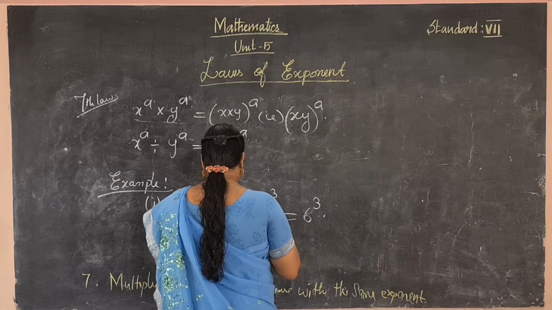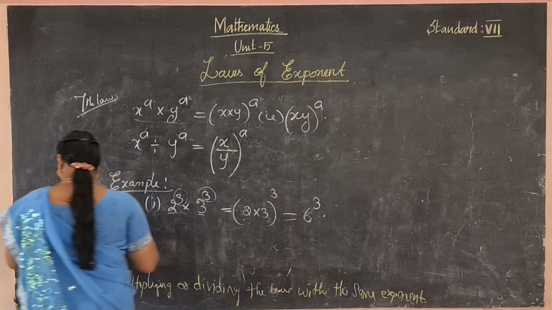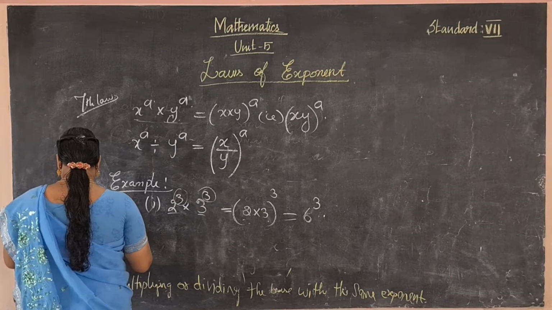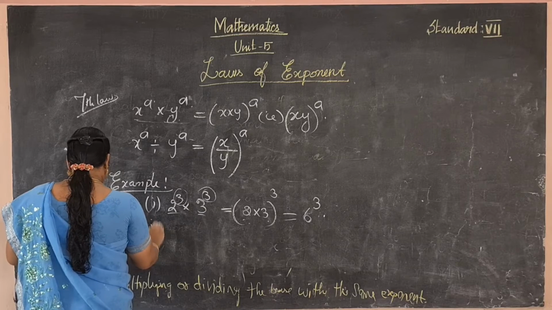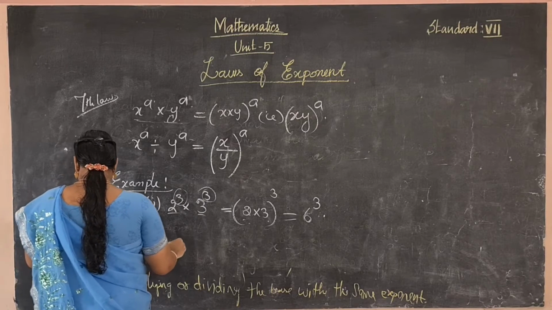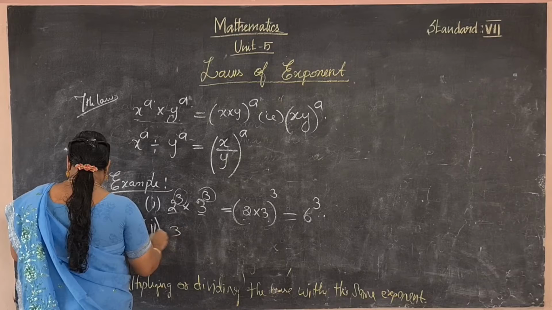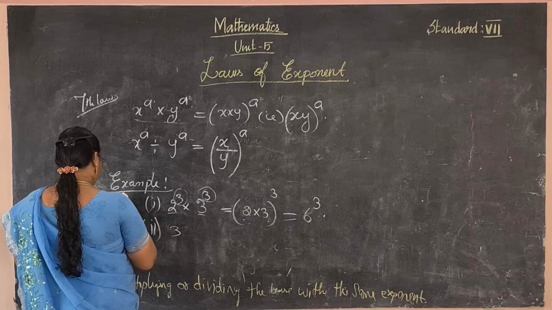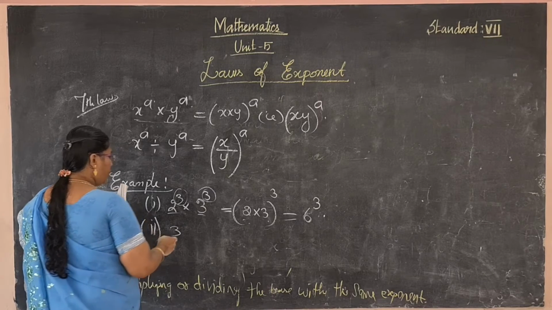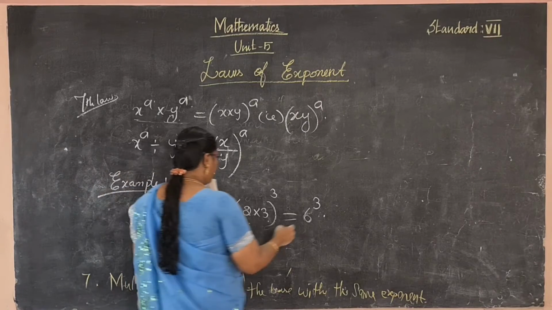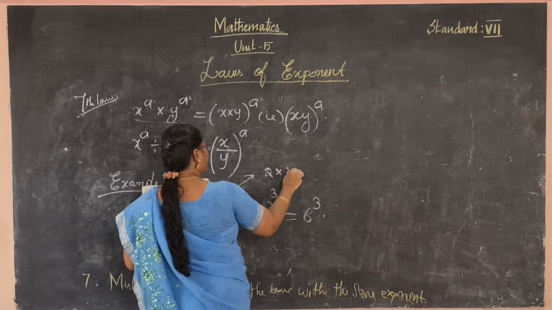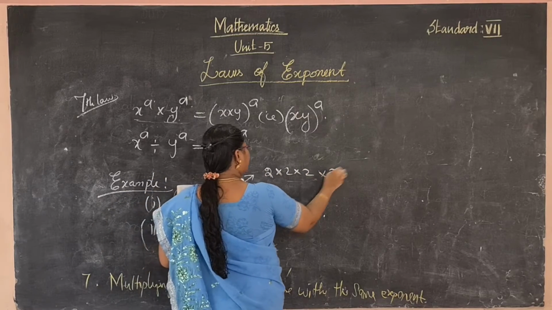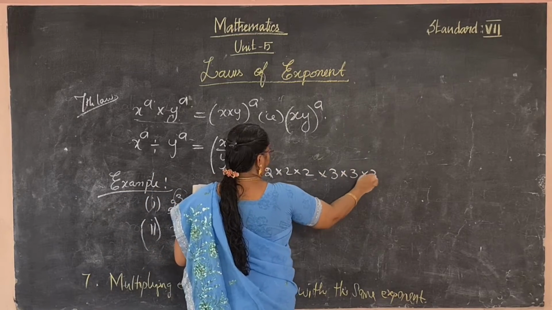Okay, and next one, the second one of that example. In your book it is briefly given, like 2 into 2 into 2 into 3 into 3 into 3.